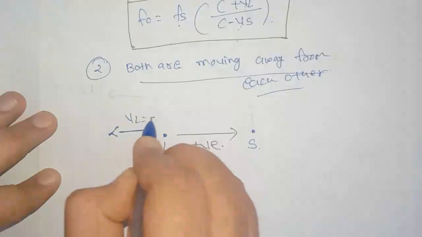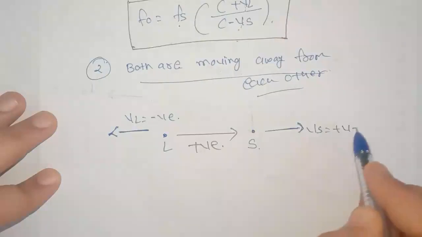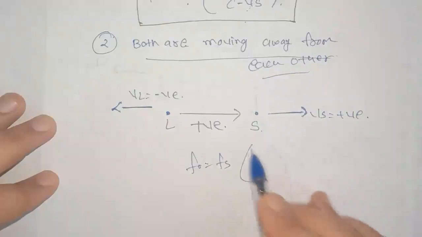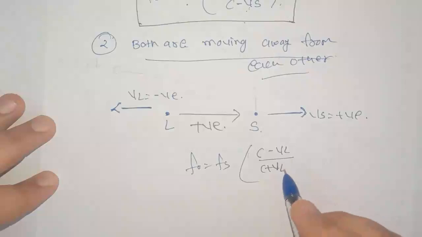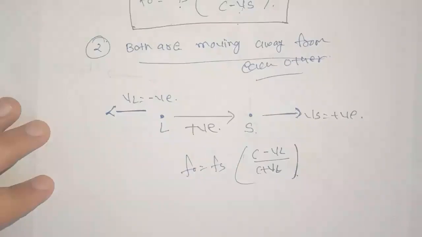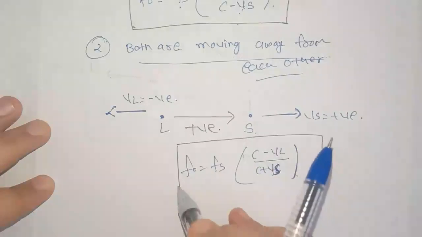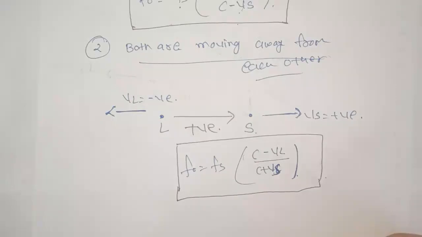So VL will be taken negative and Vs will be positive. So apparent frequency will be Fs into C minus VL upon C plus Vs. Again, it will depend on the value of VL and Vs, whether the apparent frequency will be more or less than the actual frequency.